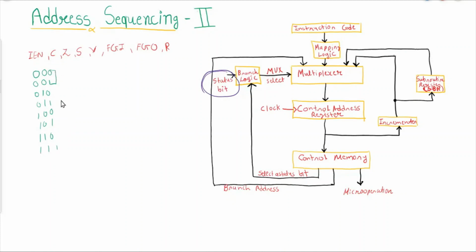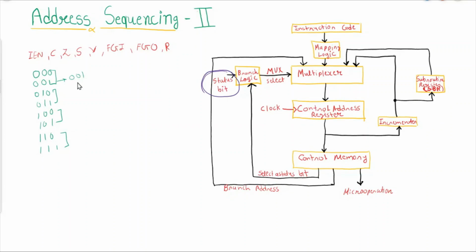Let us assume that each individual combination represents an individual flag. Let's say the first one is for interrupt enable, next is carry, next is zero, next is sign, next is overflow, next is input, next is output, and the last one is, let's say, R. If we want to check the condition of the carry flag, we will give 001 as input to the branch logic, so it will check the carry flag.